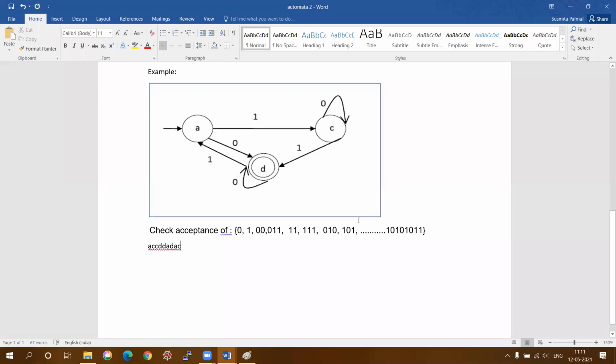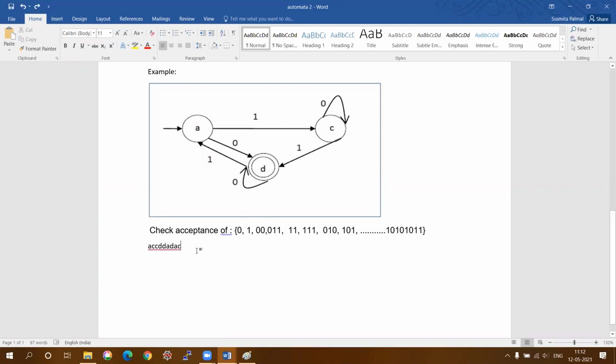You can observe one thing: whatever the length of the string, the number of states traversed is one more than that. So we are traversing 9 states here, because the length of the string is 8.